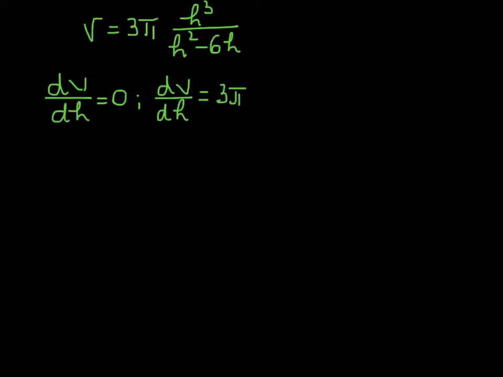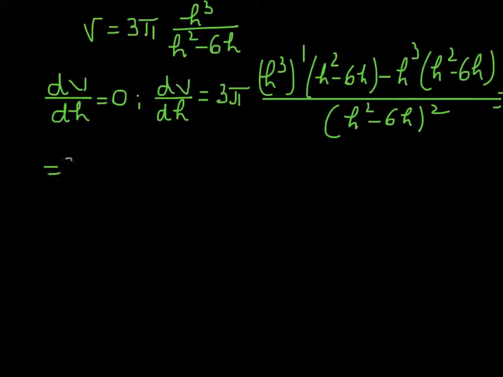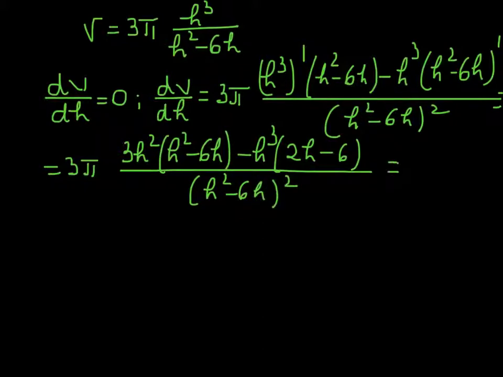3 pi is a constant. Quotient rule: the derivative of H cubed times H squared minus 6H minus H cubed times the derivative of H squared minus 6H, over H squared minus 6H, squared, giving me 3 pi times 3H squared brackets H squared minus 6H minus H cubed brackets the derivative of H squared minus 6H, so 2H minus 6, over H squared minus 6H squared.